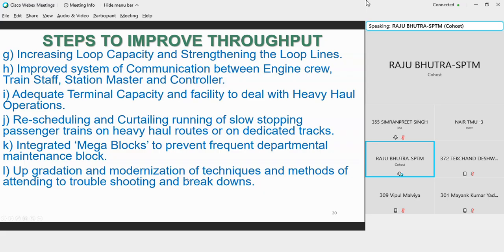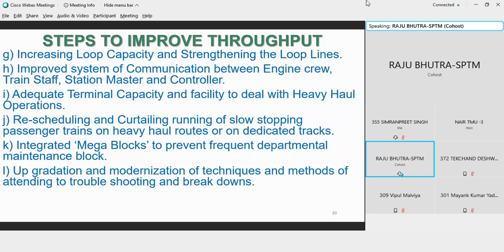Upgradation and modernization of techniques and methods of attending to troubleshooting and breakdowns. So if we are able to upgrade the existing techniques and modernize them such that the breakdowns are reduced and if the troubleshooting is improved, then the requirement for repairs will also go down.